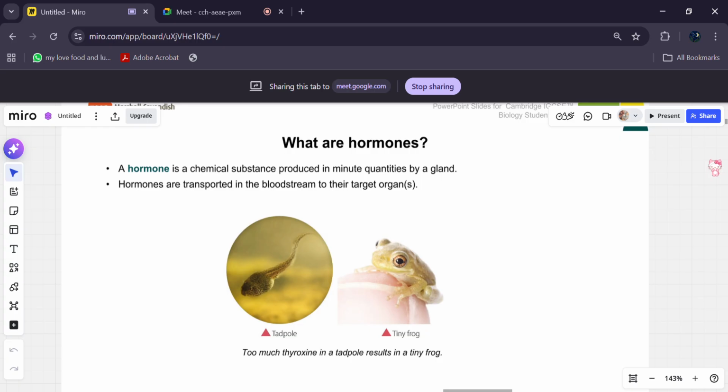Hormones can influence growth, development, and activity of an organism. They are basically chemical messengers that help various parts of the body to respond, develop, and work together smoothly. For example, hormones such as adrenaline. You ever heard of the fight or flight response? That's actually an effect caused by a hormone, the adrenaline hormone.